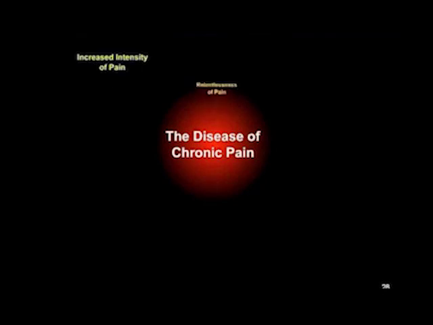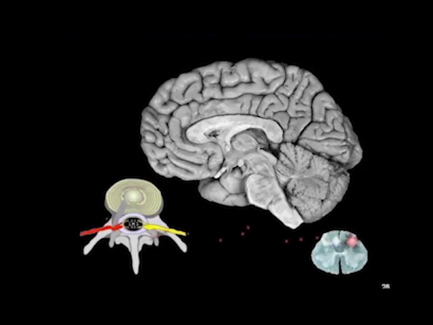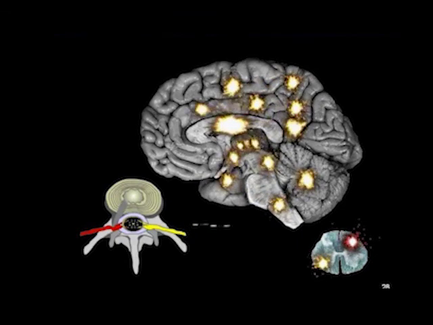As you see here, in chronic pain there's an increase in the intensity of pain. We have consistency of pain with anxiety and depression. That's a development from chronic pain suffering, and that's part of the problem. When we treat these patients, we're not treating the pain, we're treating the whole suffering of these patients.